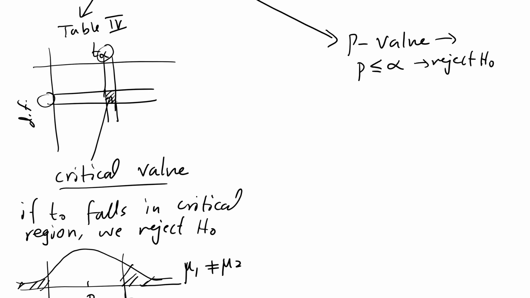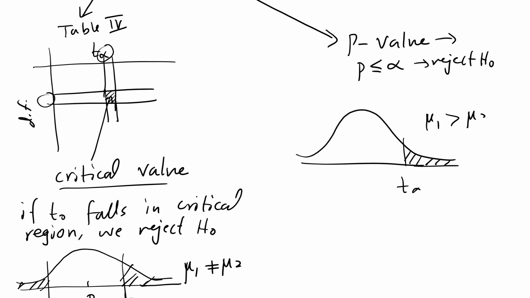Now the t-table gives us the region to the right of t sub alpha. So what would the p-value be on the graph? Let's say t sub alpha is here, and we have the right-tailed case, mu1 bigger than mu2. The p-value is actually the area of this shaded region.